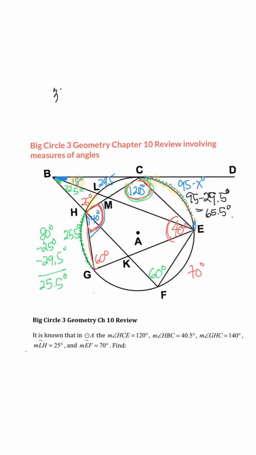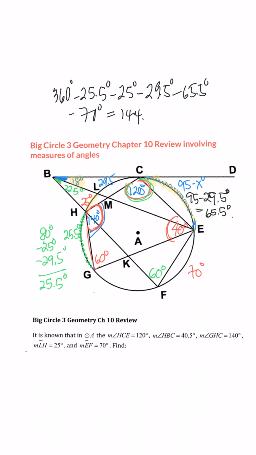So 360 degrees minus 25.5 degrees minus 25 degrees minus 29.5 degrees minus 65.5 degrees minus 70 degrees is equal to 144.5 degrees. So now I will mark this arc GF as 144.5 degrees.